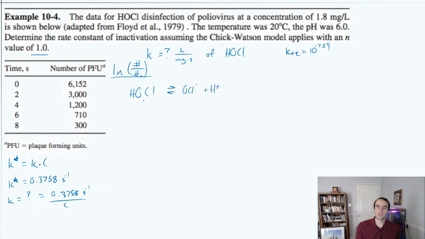So given that, we have to make sure that our calculations are aiming at just the amount of milligrams per liter of HOCl. Okay, here's where we could take a shortcut, and I'll show you the shortcut and then let you go ahead and do the solution without the shortcut as more practice with equilibrium reactions.